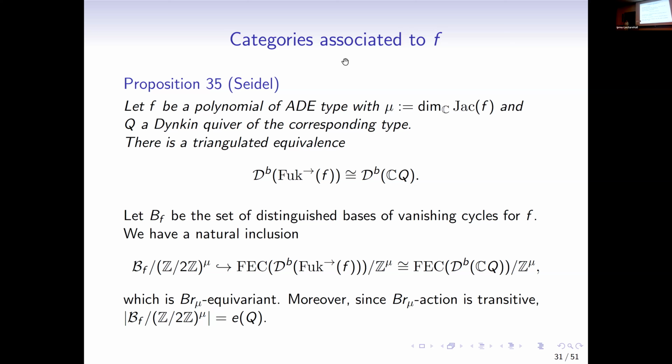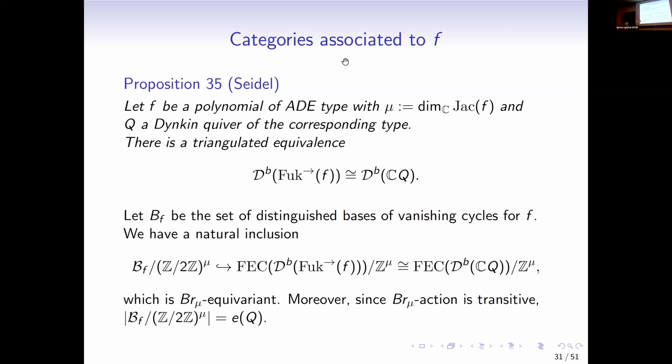In particular, the distinguished spaces can be categorified to free exceptional collections on the left-hand side. So therefore, we have a natural inclusion of sets starting from distinguished spaces, modulo this, which can be embedded into free exceptional collections of the derived side, modulo translation. And by this equivalence, we get this.